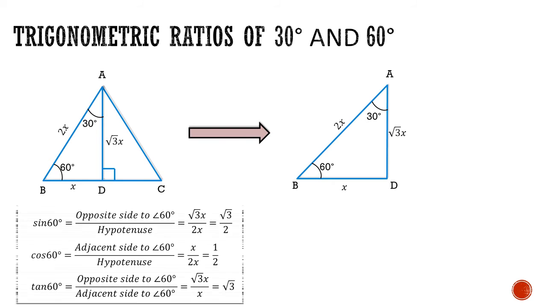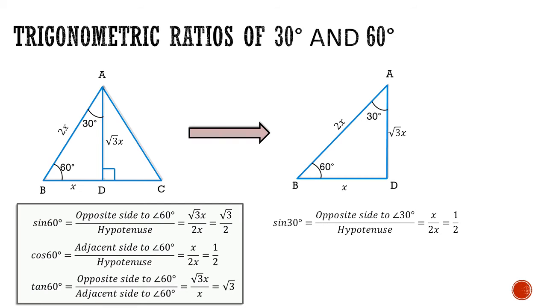Once this is done, now we shall be focusing on the angle A, which has the value of 30 degrees. So let's write down the formulas with respect to angle A, that is with respect to angle 30. When we take this angle into consideration, the opposite side to this angle becomes BD, right?